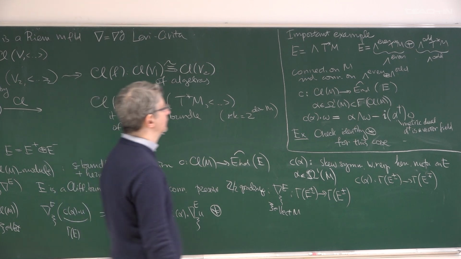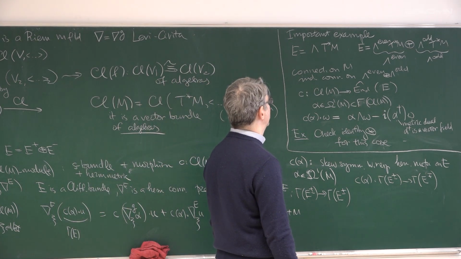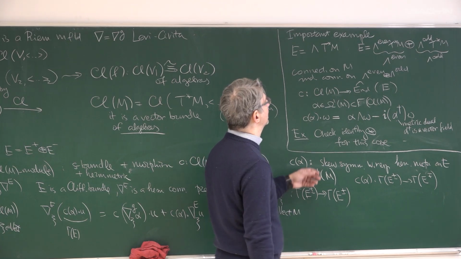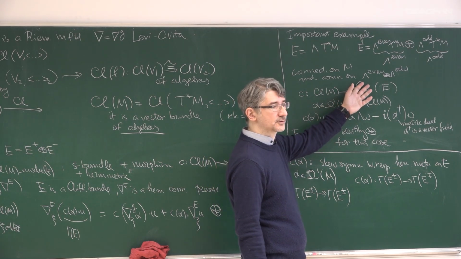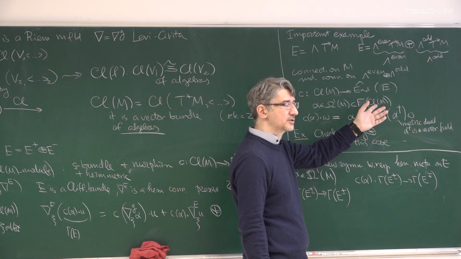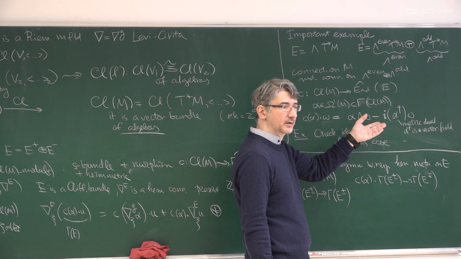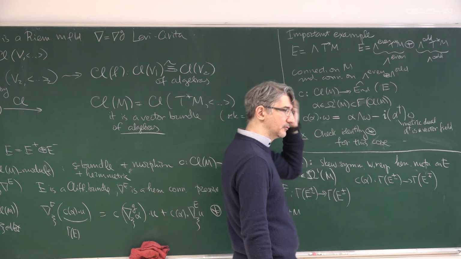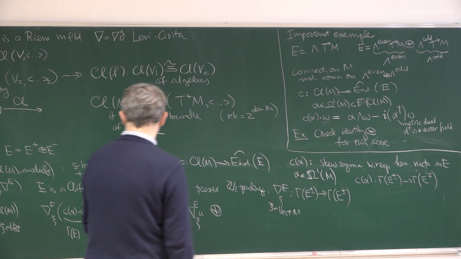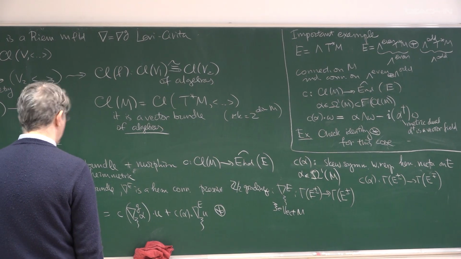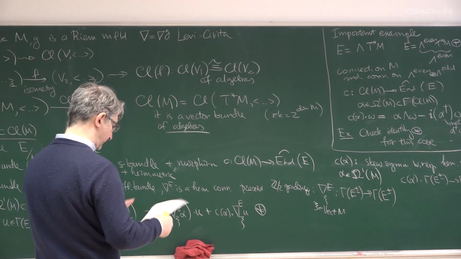I think it's obvious, because what you are doing is you take the covariant derivative of a differential form, and you write some expression which is of the same degree. It's by construction. Just by construction, nothing else. It's obvious.